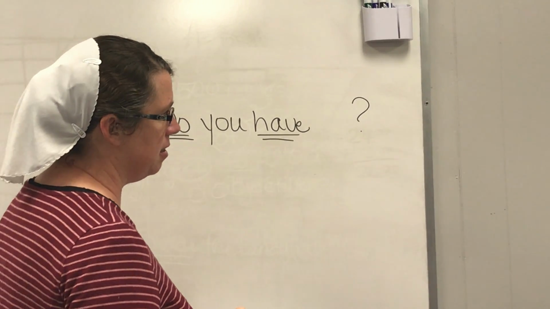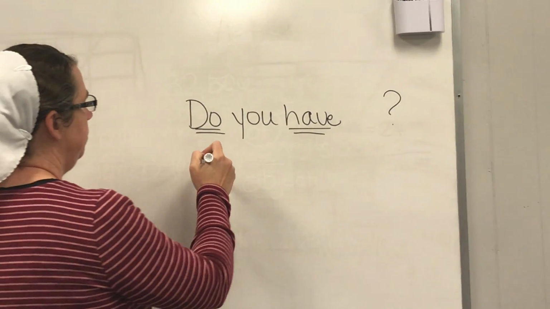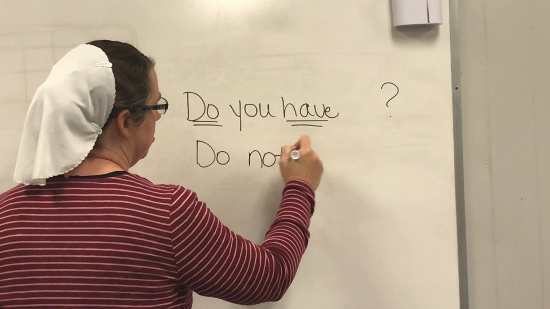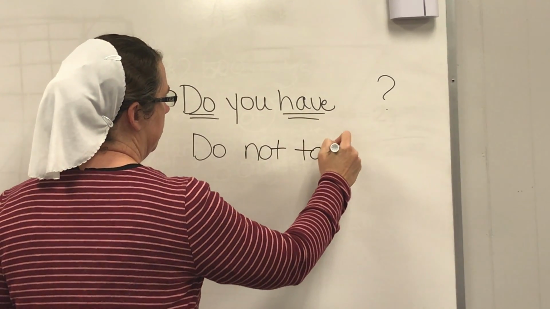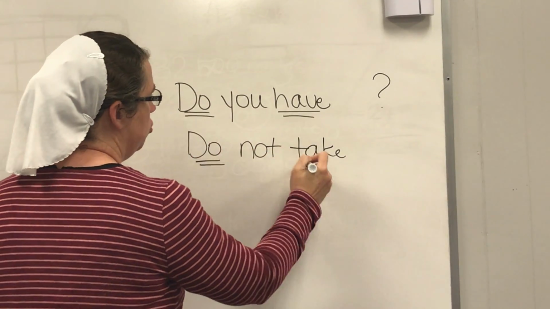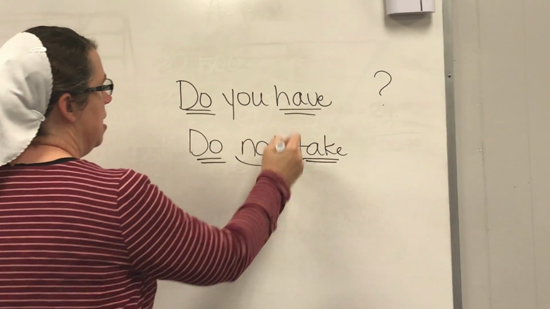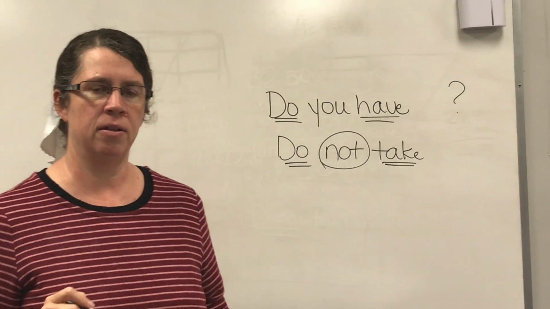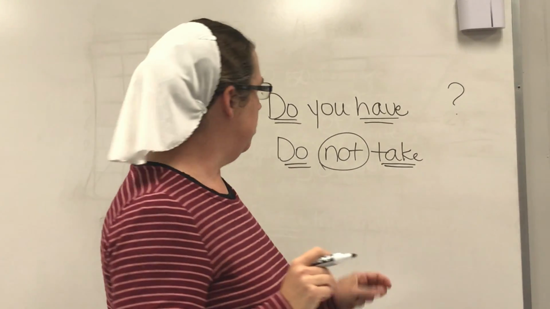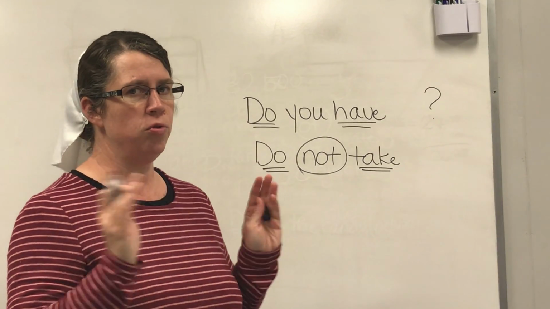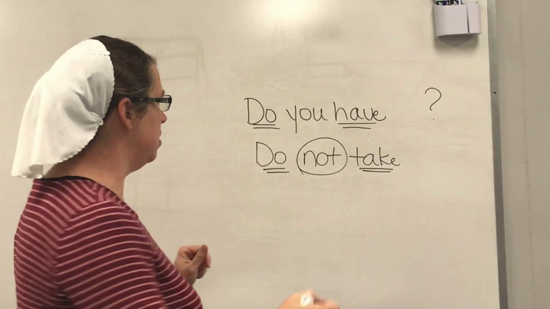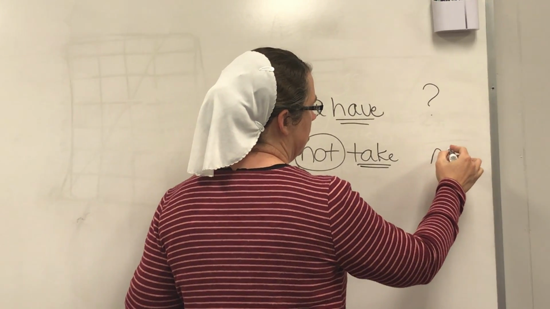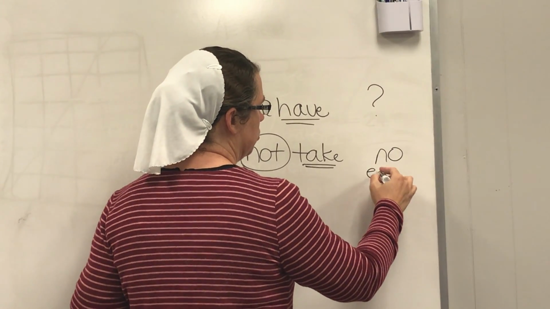Also, I'm just going to make this one up: do not take. Your verb is do take. Not indicates a negative statement. It's not do take, it's do not take. This is a negative statement. It's no emphatic form.